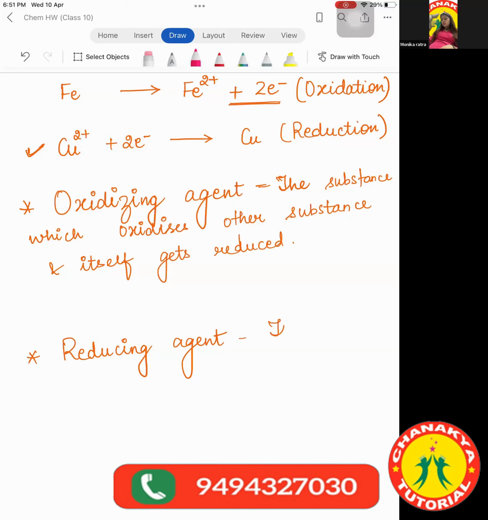Now, what about the reducing agent? It is the substance which reduces other substance and itself gets oxidized.